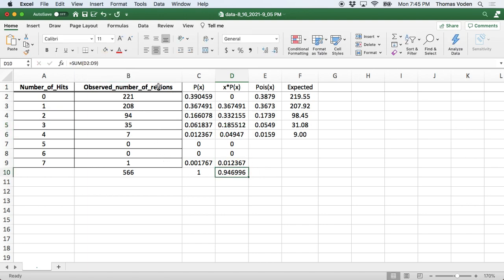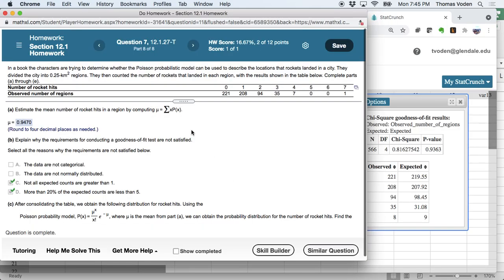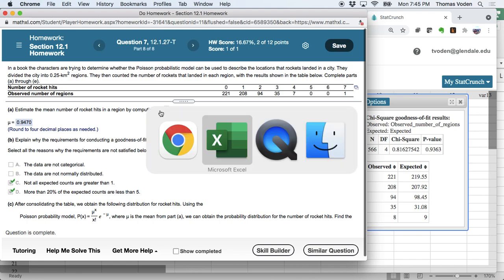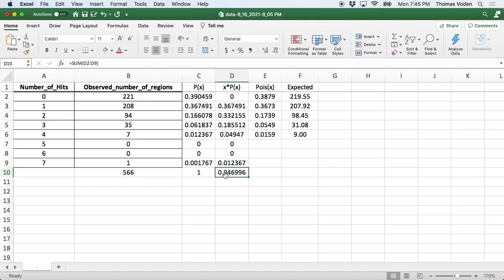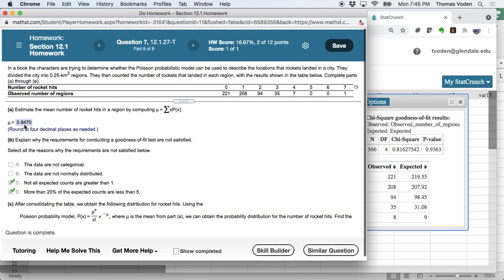And then down here, what I did is took the sum of those values, and that is what this formula is asking for. X times P of x for all possible values of x. Add those up. That's mu. That's your mean value. And they want us to round to 4 decimal places, so that's where I got 0.9470. That's that value. We'll be using that value throughout.